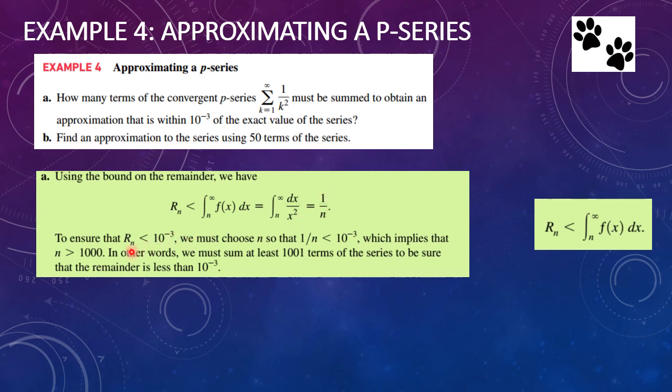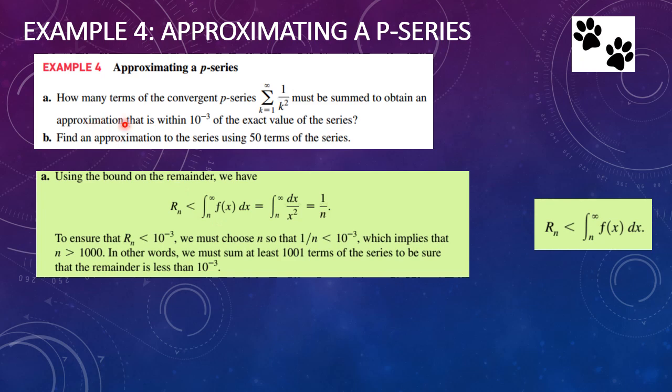To make sure that the remainder is less than 10 to the negative 3, we're going to set up that equation. 10 to the negative 3 equals 1 over n, or 1 over n is less than 10 to the negative 3. And when you multiply this out, you get that n is greater than 1,000. In other words, we have to sum at least 1,001 terms of the series to be sure that the remainder is less than 10 to the negative 3.